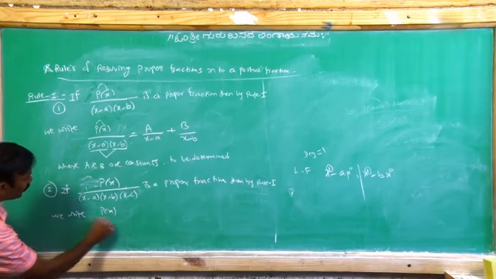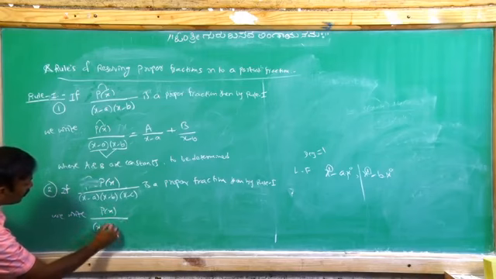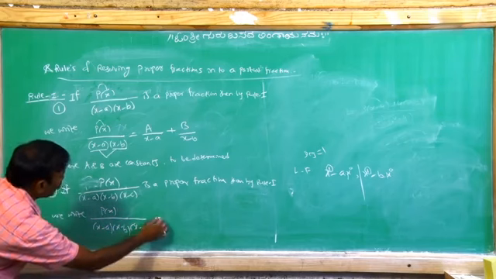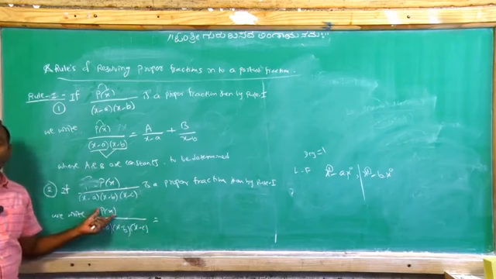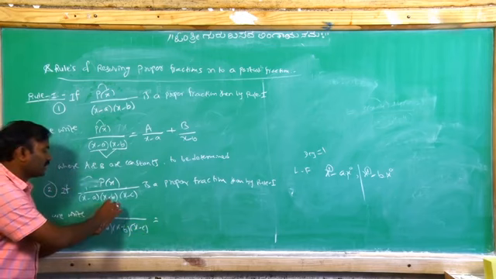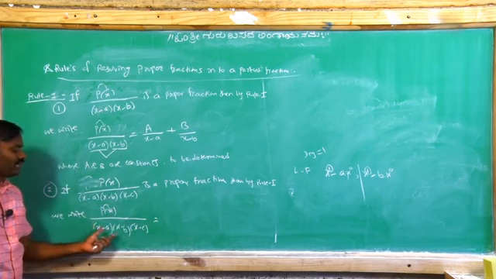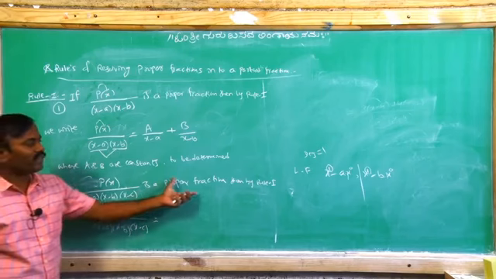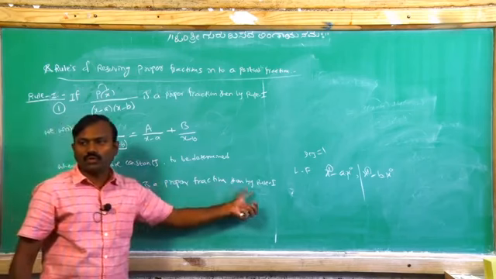p of x by (x minus a)(x minus b)(x minus c) equal to. P of x means any polynomial in x divided by three different linear factors, but this fraction must be a proper fraction. Then only we can use rule 1.